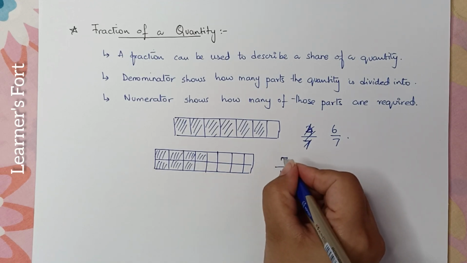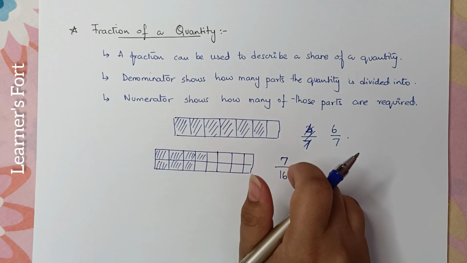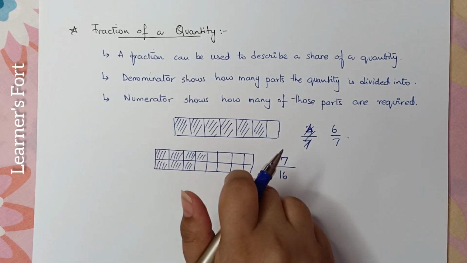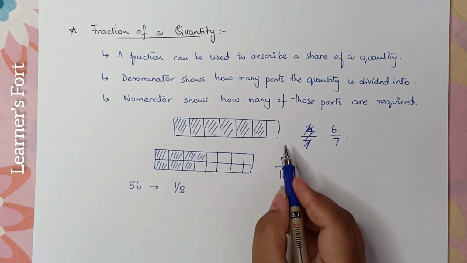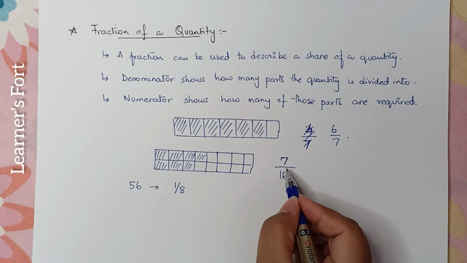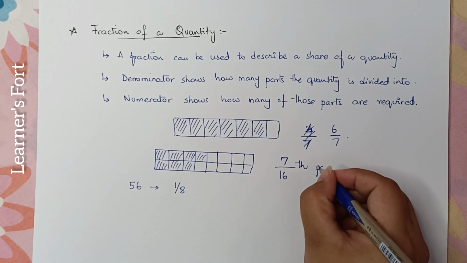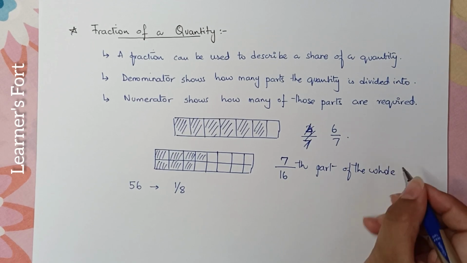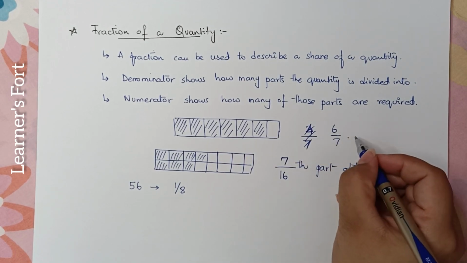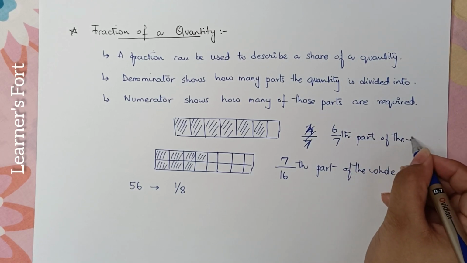So we write that number as the numerator. So we have shaded part 7, and we write it as the numerator, and the total number of parts in the denominator. Okay. So this is known as the 7th upon 16th part of the whole.